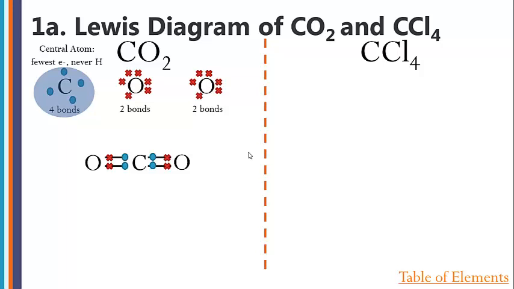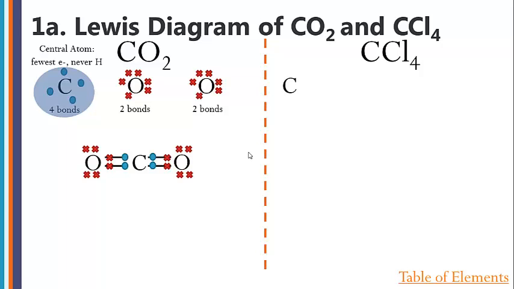For carbon, I've drawn 4 blue dots, which is what we said carbon would have. And for oxygen, I've only drawn 2. Those 2 electrons that I drew are the unbonded electrons. Because we're supposed to have 6 total, the other 4 electrons are lone pairs on the oxygens.